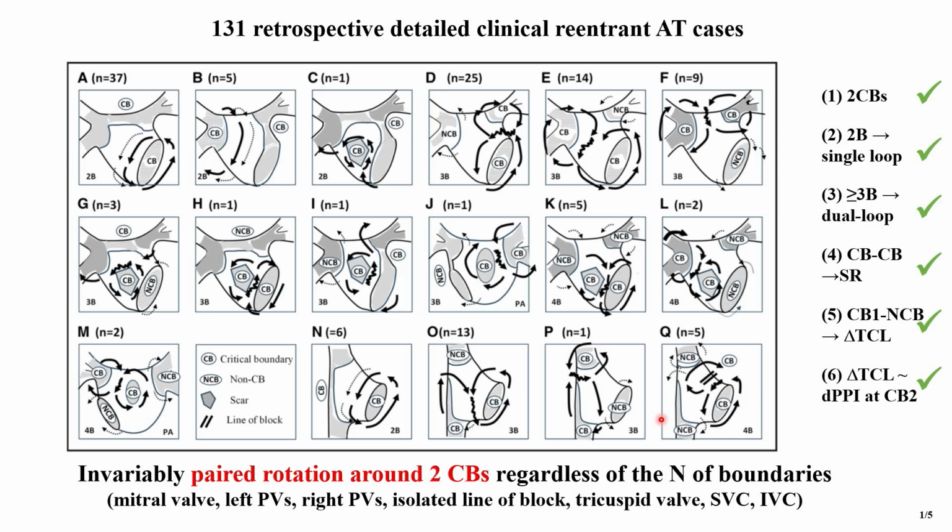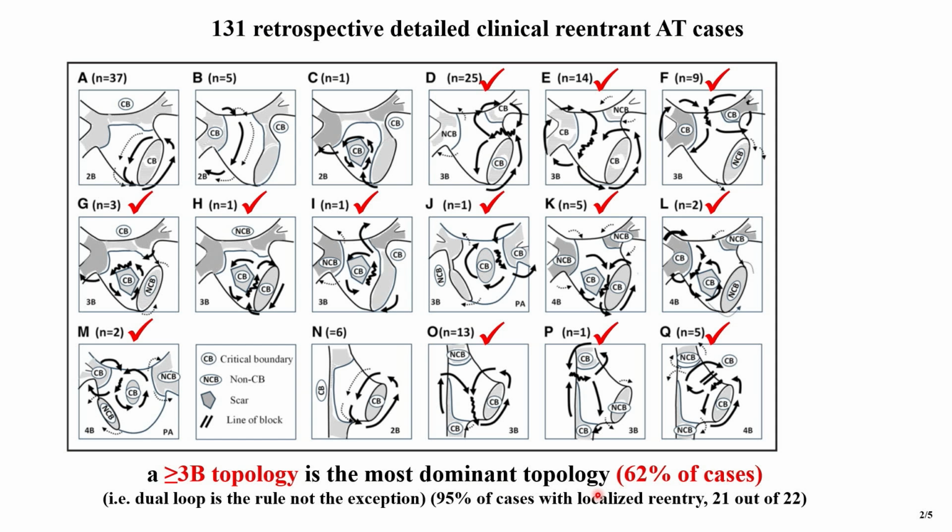In each reentrant case, we see paired rotation around 2 critical boundaries. And what are the boundaries? Typically mitral valve, left veins, right veins, isolated scar, tricuspid valve, SVC. Number 2, what is the dominant topology in your cases?